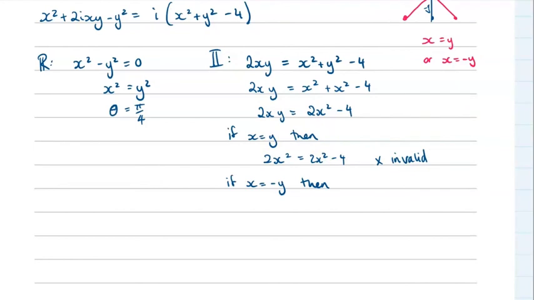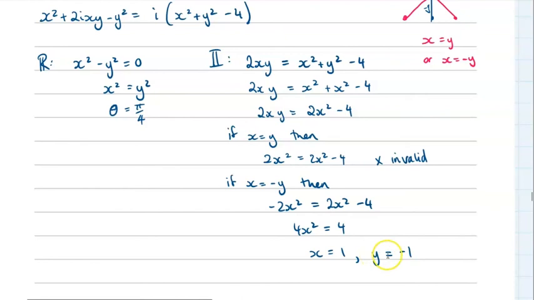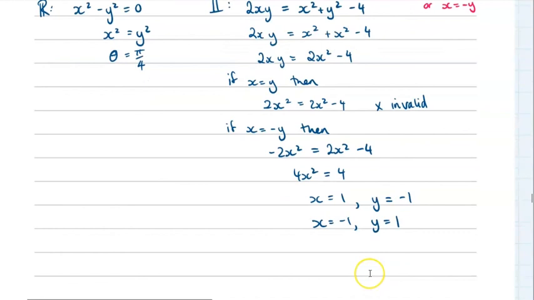So let's just check that. If we pop that into here, we get minus 2x squared is equal to 2x squared minus 4. We can work that through. So we get 4x squared is equal to 4. Therefore, x could be 1, in which case we would get y is equal to minus 1, since x is equal to minus y. We could also get that x is minus 1 from solving this, in which case y would be 1.